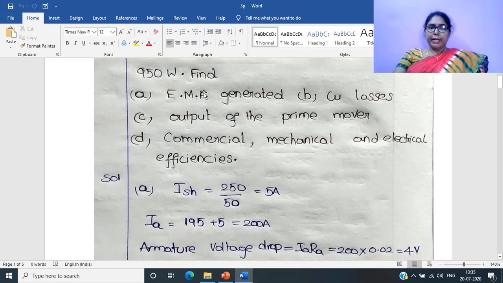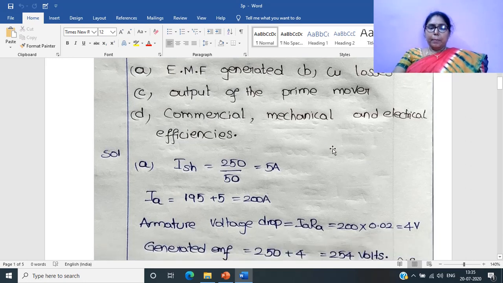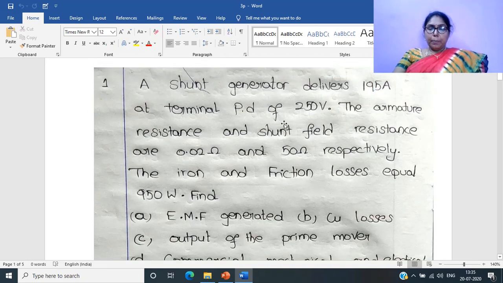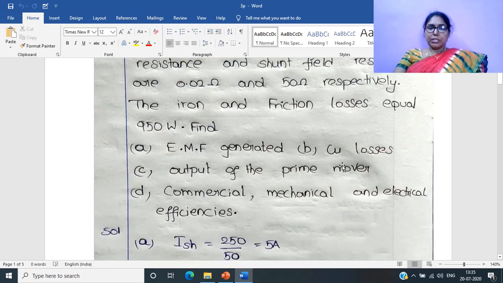Find the EMF generated and copper losses, output of the prime mover, and finally commercial, mechanical and electrical efficiencies. So in this they are asking to calculate all these parameters. Depending upon the given data, they have mentioned the potential difference is 250 volts, the load current is 195 amperes, and the corresponding resistances.